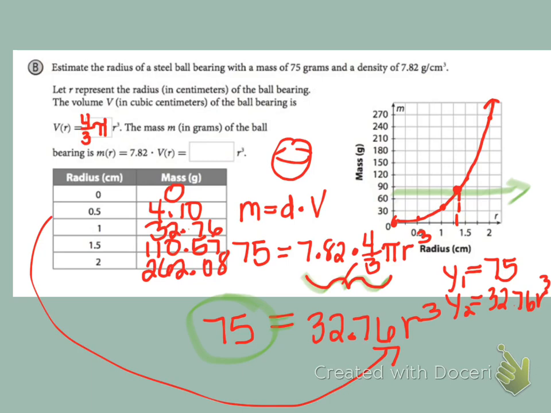So I actually have to change my window, which just means I'm going to have to go to the window key, which is right next to y equals, and I'm going to change it so that my y max is past 75. So maybe I go to like 100. Then I can actually see where the graphs cross, and I'll take a picture of what that looks like here.